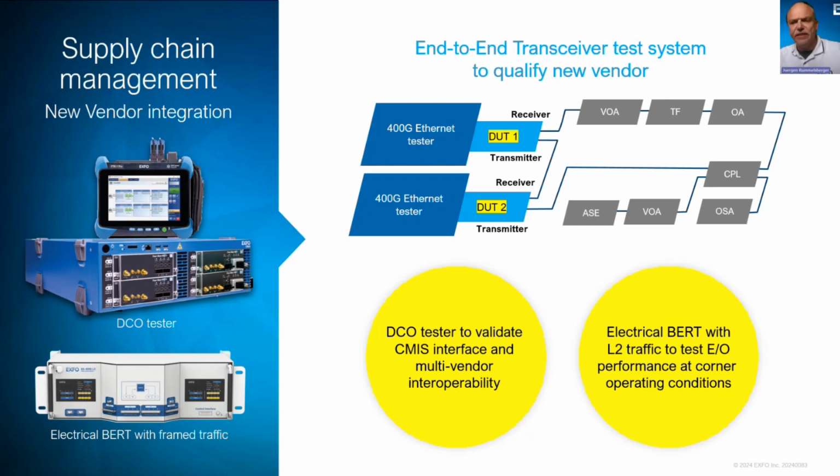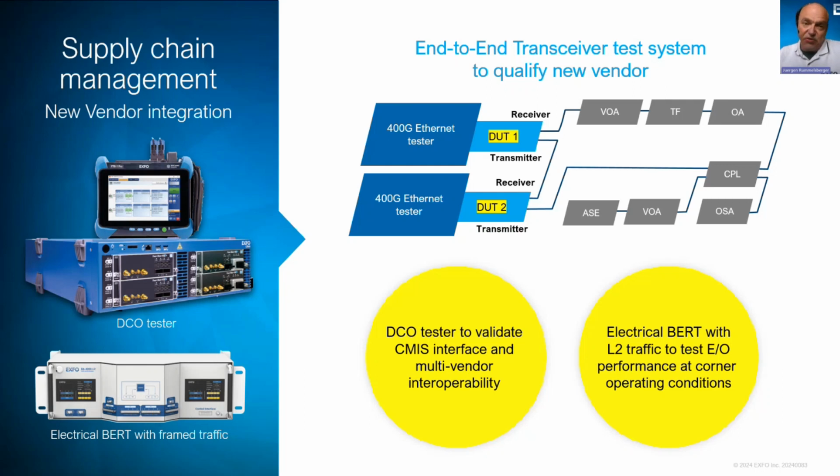And here the main difference is that the DCO tester has an embedded transceiver slot to plug in the modules to be tested, whereas the setup with the electrical BERT tester uses an external MCB, a module compliance board.